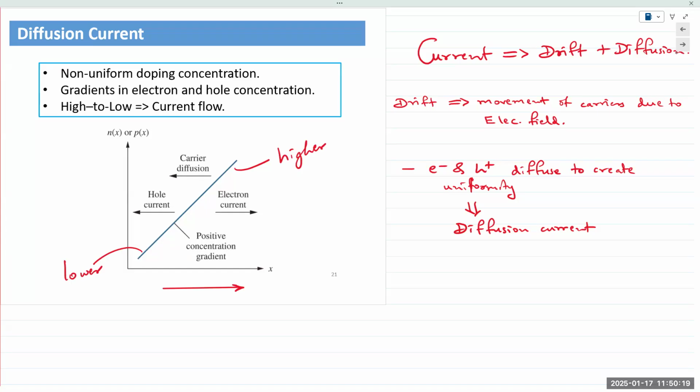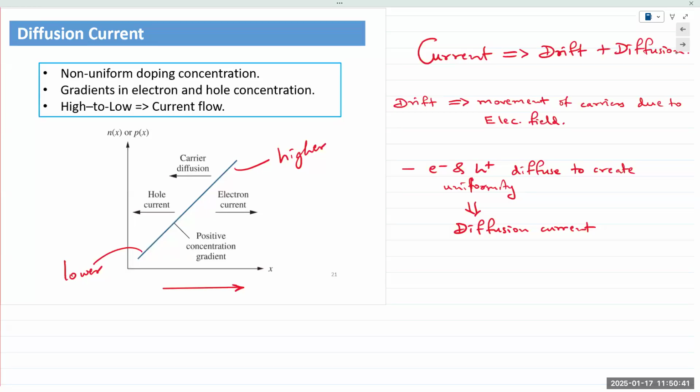And so the charge carriers diffuse in response to the non-uniform doping, trying to level out. That current is known as the diffusion current, and total current is the sum of drift as well as the diffusion current.